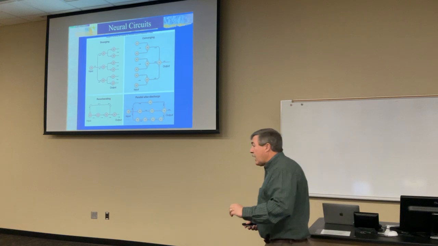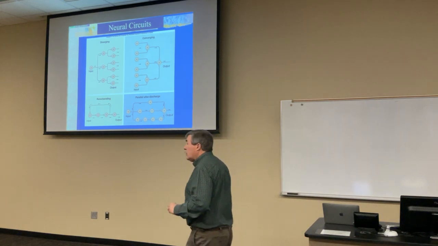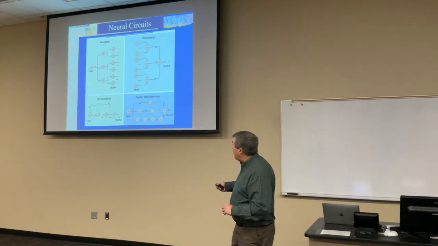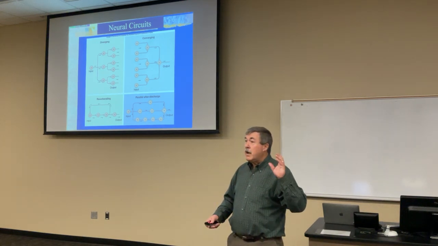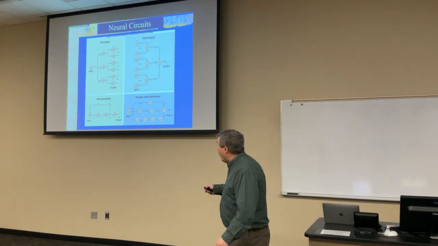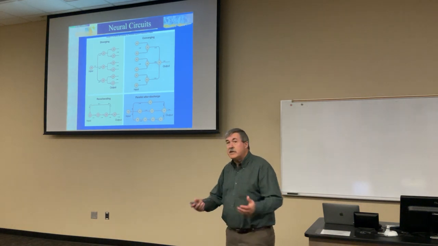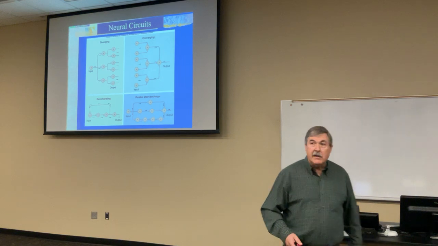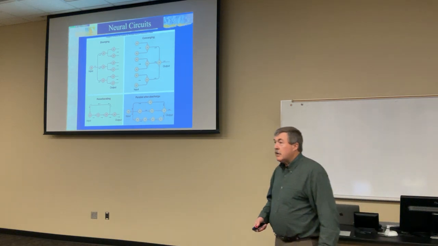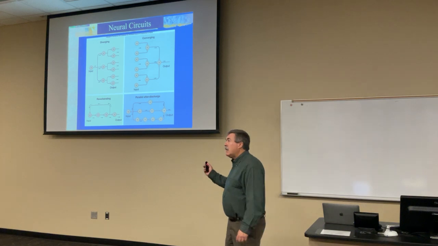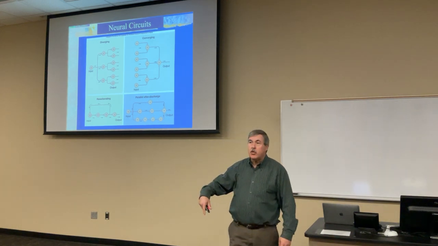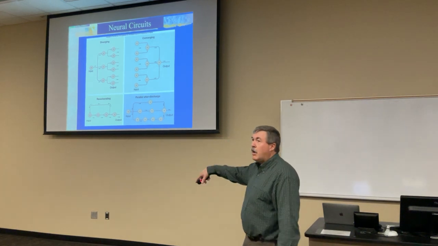And that burst of action potentials will occur until this reverberating circuit is inhibited by an inhibitory neuron, or it will just keep occurring until these neurons get fatigued. Once they get fatigued, they'll stop firing. Okay. In the case of our respiratory system, it's probably an outside inhibitory neuron that shuts it off.